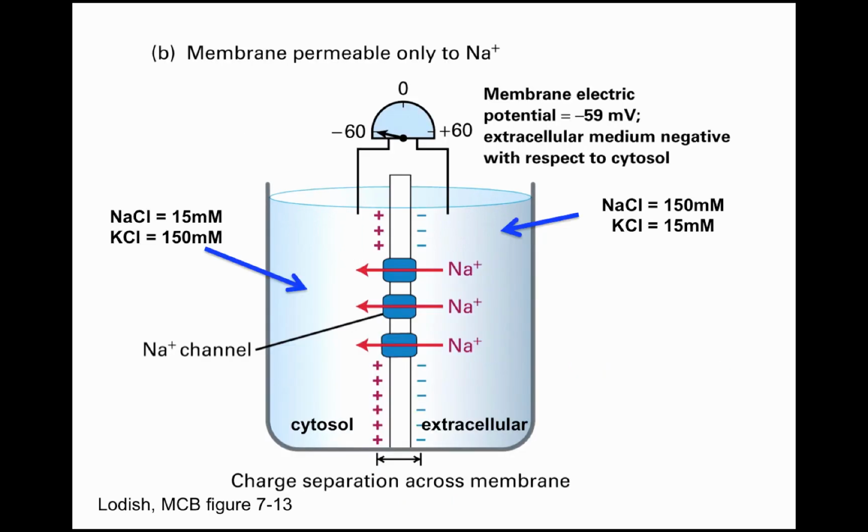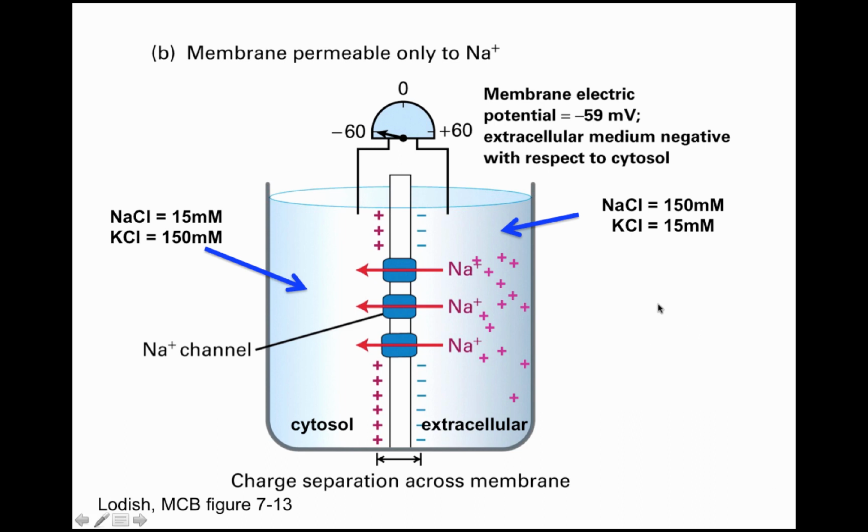But if we now enable one type of ion to move, in this case the sodium ions, we can put a channel in the middle of the membrane. Again, we have the same concentrations in what is represented to be the cytosol versus the extracellular portion, and therefore we allow the ions to move across the membrane.